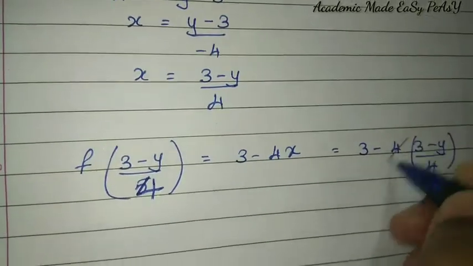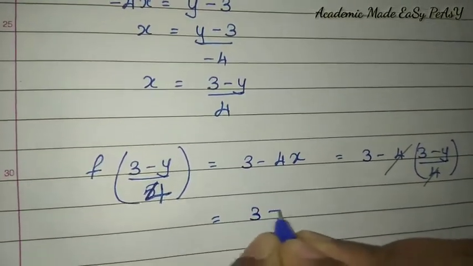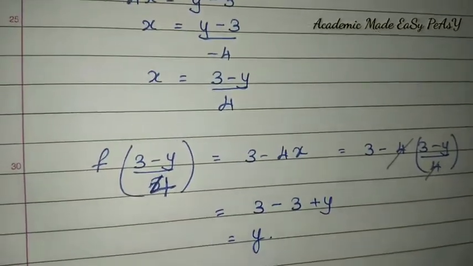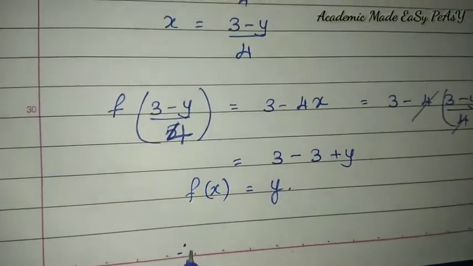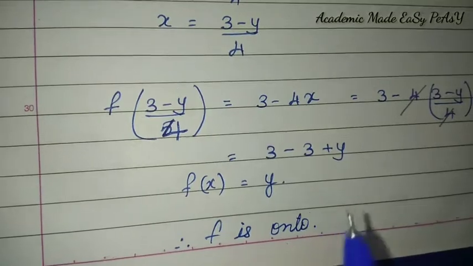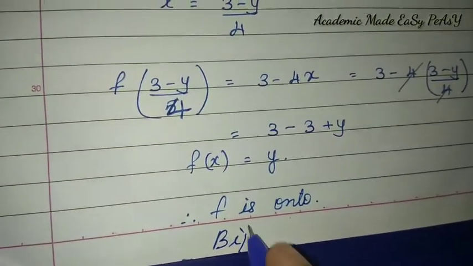So 4 and 4 get cancelled. So we'll have 3 minus 3 plus y, which is equal to y. So f of x is equal to y. Therefore f is onto. Therefore, since f is one-to-one as well as onto, this is a bijective function.